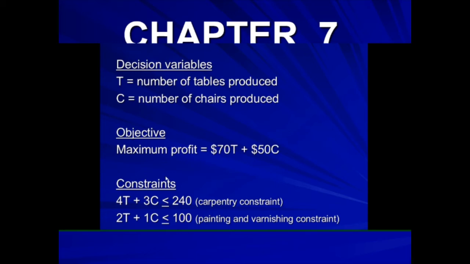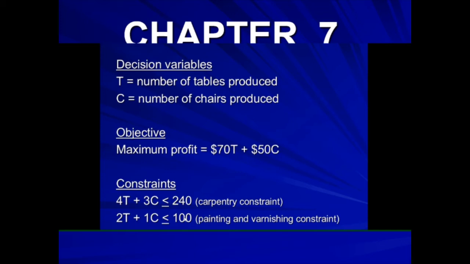Now, we arrive also at two constraints of this problem. One is the carpentry constraint, which states 4T plus 3C is less than or equal to 240. This means that the hours of carpentry time used cannot exceed 240.